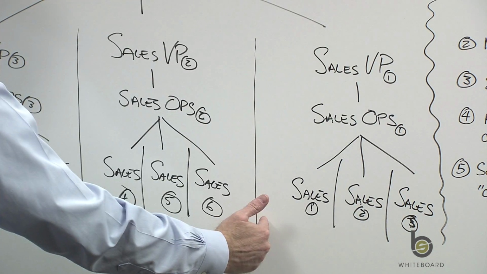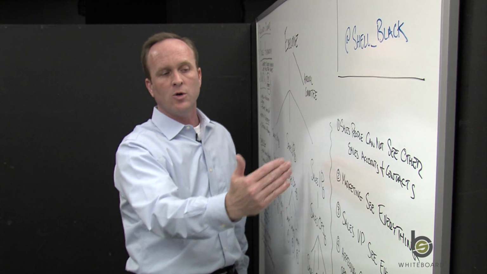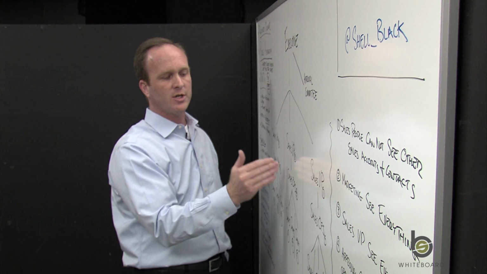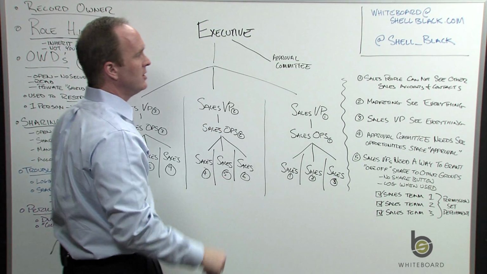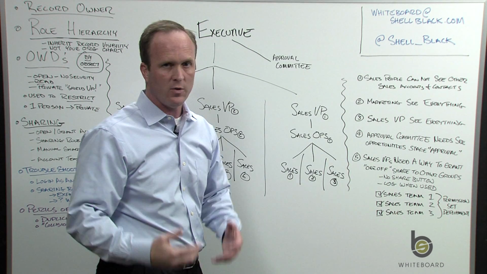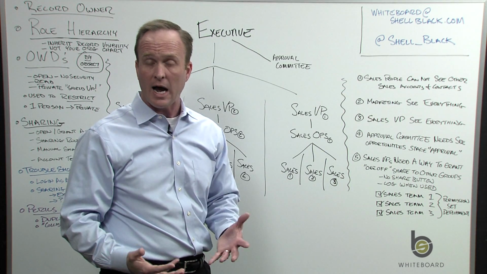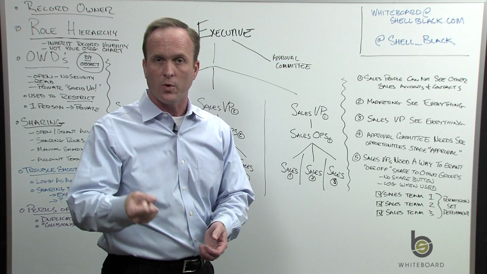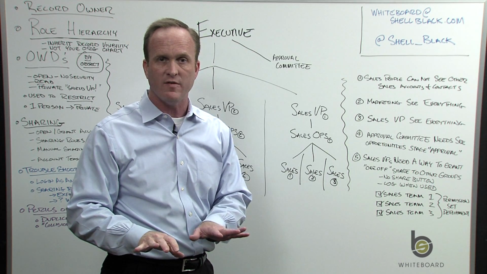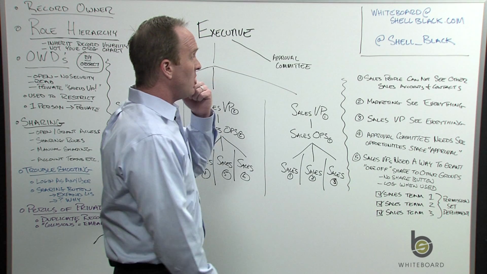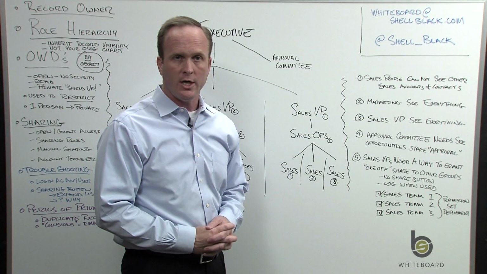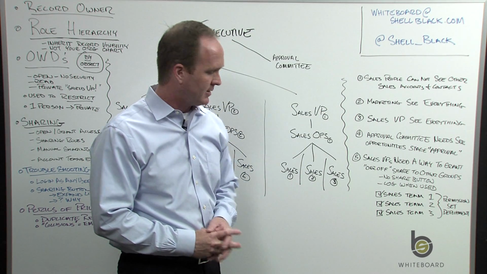But then that OWD private model restricts our sales VPs, restricts sales operations from seeing these. Executives can always look down. So to solve for question 1, how do we make those private, or how do we hide things from the salespeople? We're going to ratchet down our OWDs, make it a private model, and the rest of this is all about granting access back.